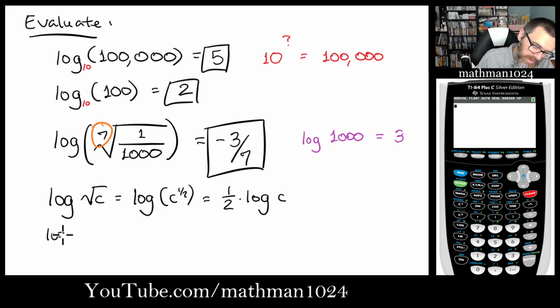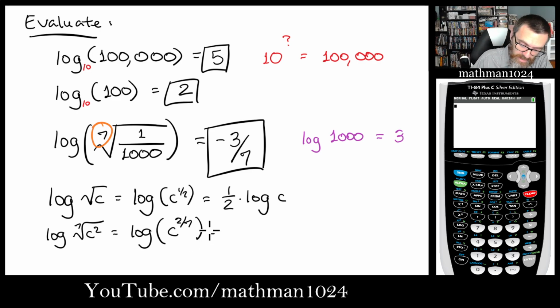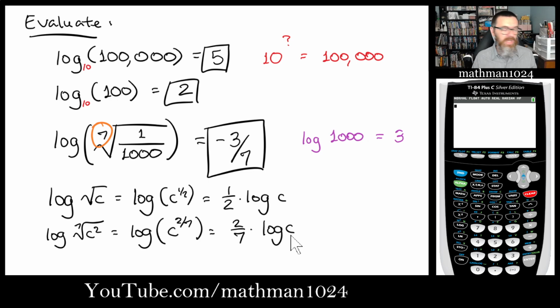Well, similarly, if I have log of the 7th root of, let's say, c squared, I can rewrite that radical as it's still c squared, but that index becomes the denominator of the power. And then I'd be able to rewrite it in front like this. So that's really what I'm playing off of here whenever I write -3/7. Again, the answer to the log is the power. So what power of 10 would lead to a 7th root? That'd be a power that has 7 in the denominator.